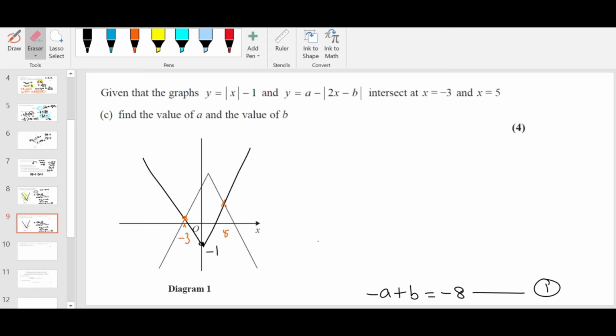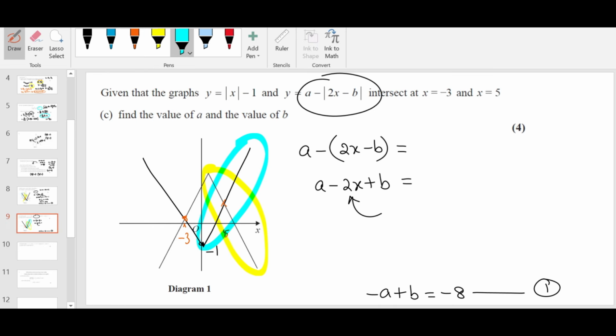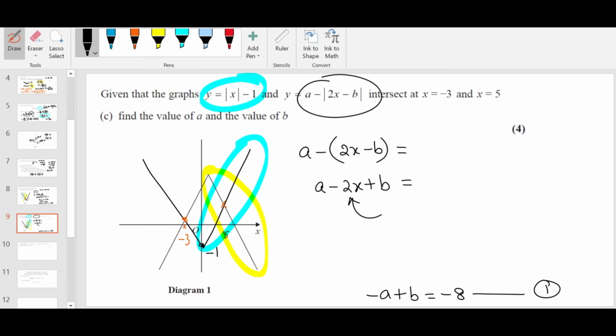So we got the first equation already, and we need to find the second equation. I'm going to take the negative arm, that means the line with the negative slope. To get the negative slope, I need to take this as a minus of 2x minus b. Otherwise, it's going to be a minus 2x plus b. The slope is the coefficient of x. This is equal to the positive arm of this function, which has to have a positive slope.